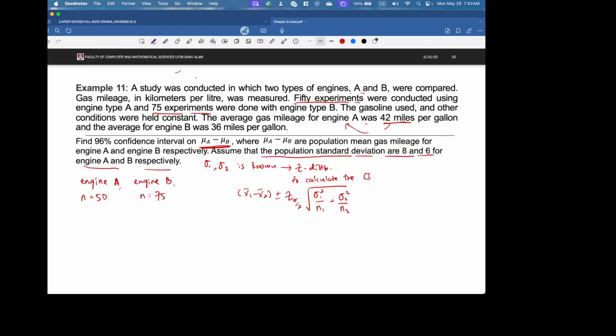They calculate and get 42, so this is x bar. Since we have A and B, we put subscripts: n1, x bar 1, and n2, x bar 2. And the average for engine B was 36.